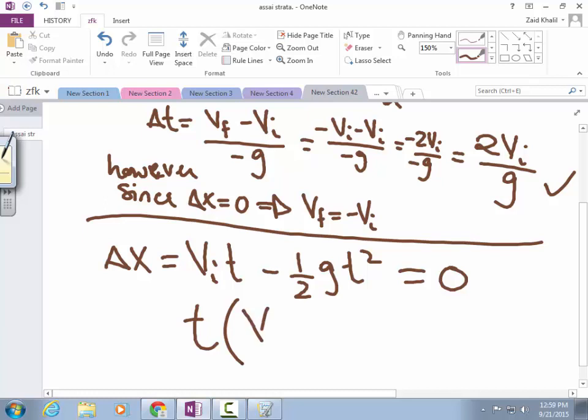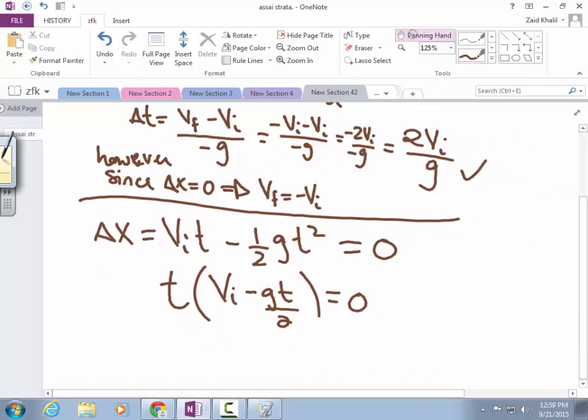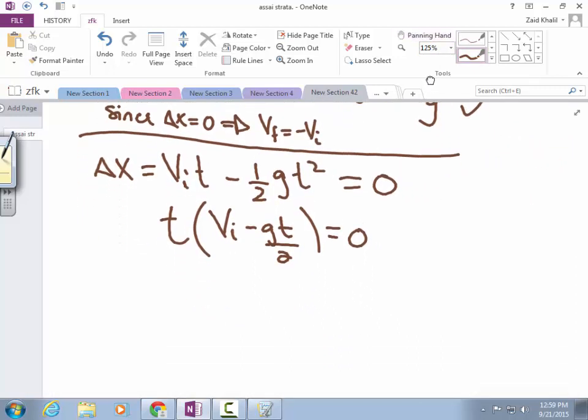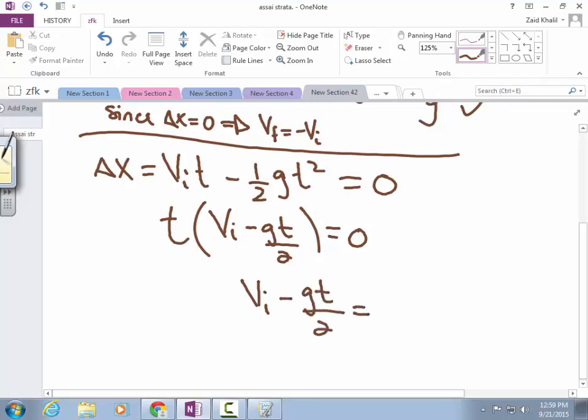You get vi minus gt over 2, right? Equals 0. What does this imply? What are your two solutions? Vi minus gt over 2 equals 0, or t equals 0.